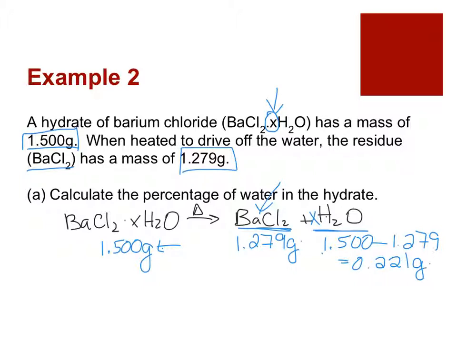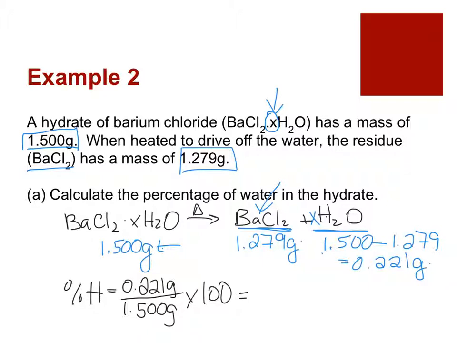Now we know the mass of the water in the total mass of our hydrate. So to find the percentage of water, we're going to take the total mass of our water, which is 0.221 grams, divide it by the total mass of our hydrate, which is 1.500 grams, multiply it by 100, which gives us 14.7%.